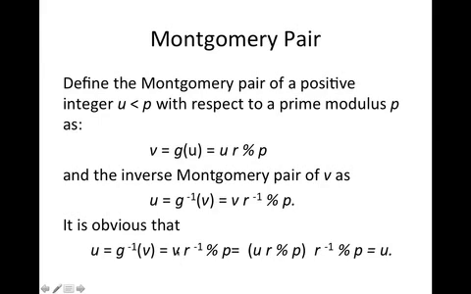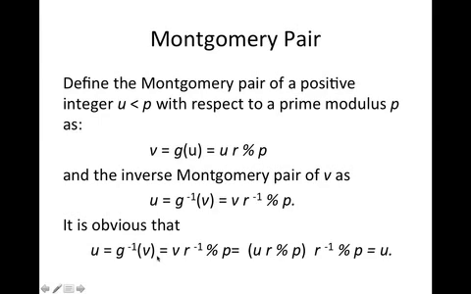But v itself was equal to ur mod p, over here. And now we multiply that by r inverse mod p. And we can take this r inside, and then r times r inverse will give us 1. So then u mod p is going to be equal to u.